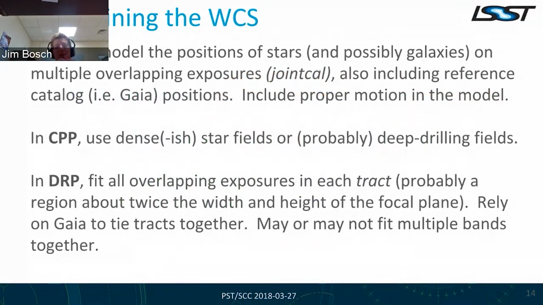Because we're going deeper than Gaia, we will have stars between Gaia stars, and we will have to constrain the coordinate transforms on those scales, because the atmosphere is doing things on those scales. But we really do expect to trust Gaia's positions to really nail things down above that.